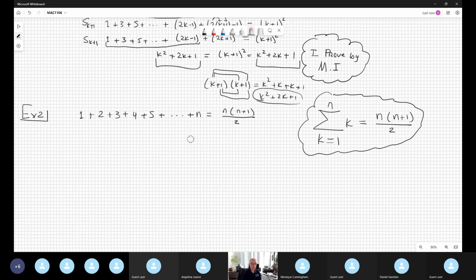Okay, let's do it. Remember, we have two steps, two cases. The basic case. I don't know if it's in 1 or in 2 or in 3 or in 4. The first guy can give me true. Suppose it's statement 1. You take 1 on the left hand side, and you plug in n equal 1 and the right hand side is 1 times 1 plus 1 divided by 2.